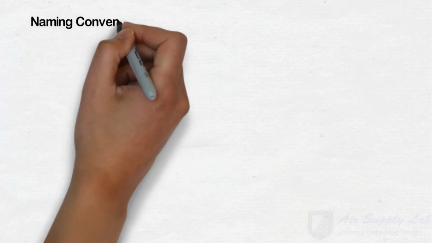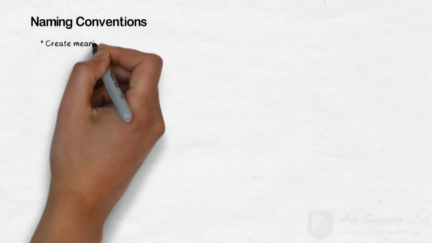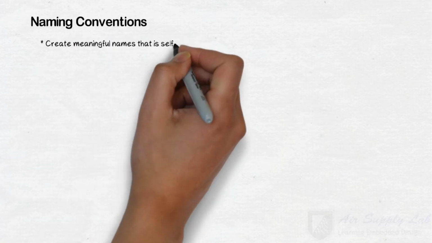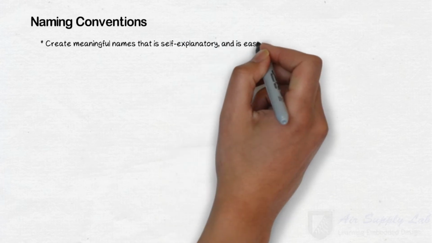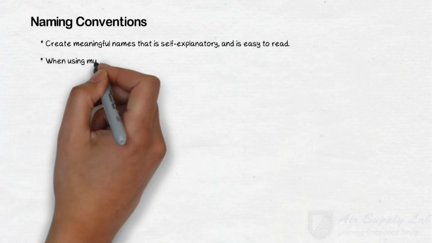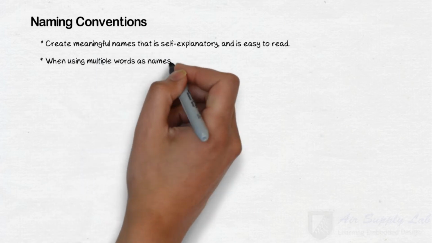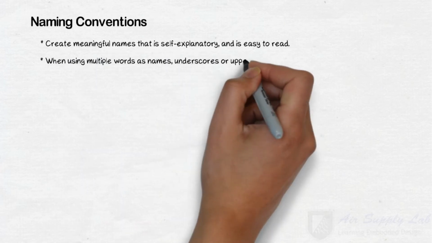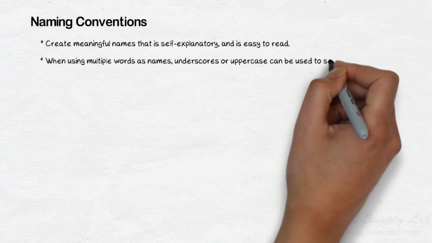Naming conventions. Most software industries follow the following naming conventions. Create meaningful names that are self-explanatory and easy to read. When using multiple words as a name, underscore or uppercase can be used to separate the words.